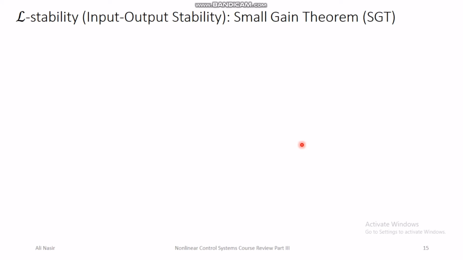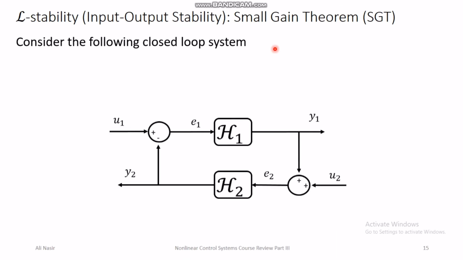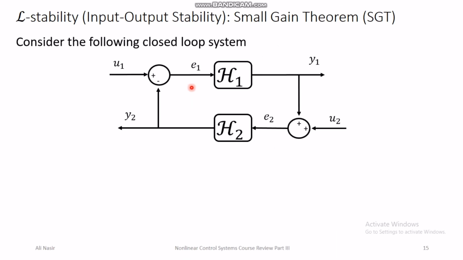The next discussion is the input output stability, or Lebesgue stability, or L stability, and the relevant result that is important is the small gain theorem. Consider the following closed loop system where you have one system in the feedforward path and there is a feedback, and another system.